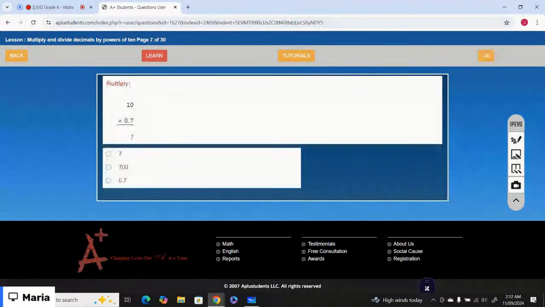Got it, everyone? Okay, the next one is 10 times 0.7. You have to multiply. So which is the correct option?